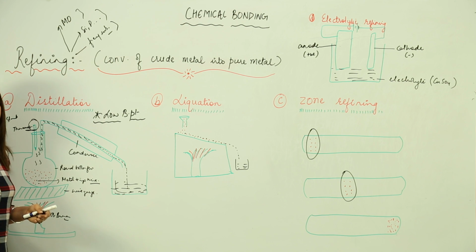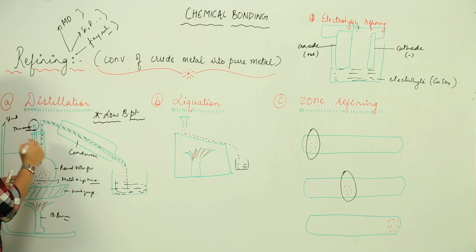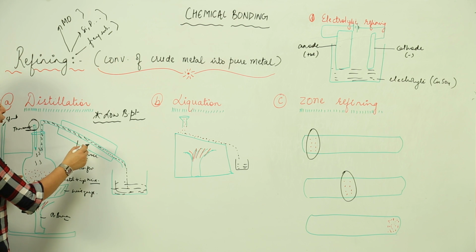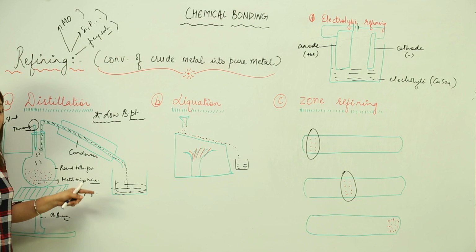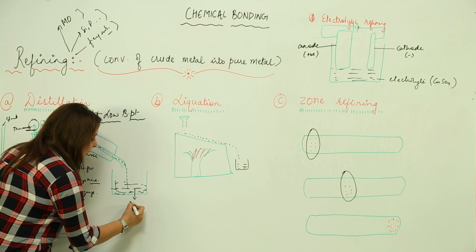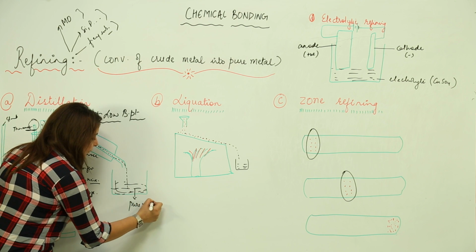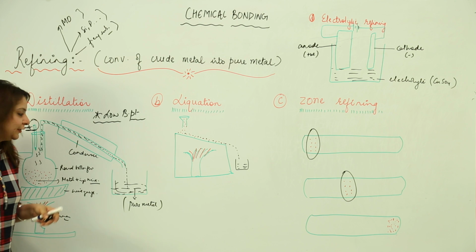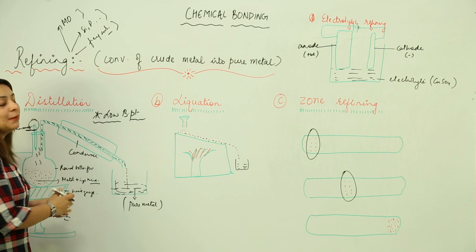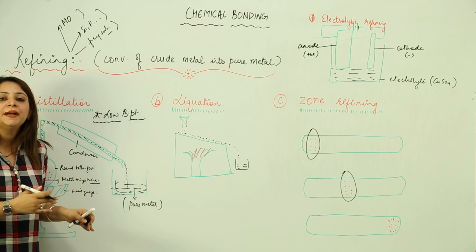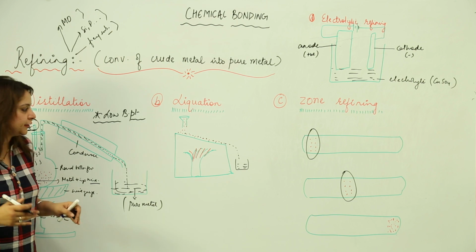We want our metal to be separated from the impurities, so we need to keep a check on the temperature, so that only the metal vaporizes, passes through this tube, gets condensed and collected into a beaker. So this is my pure metal, right. You have to keep in mind that it is employed for the metal which has a low boiling point.